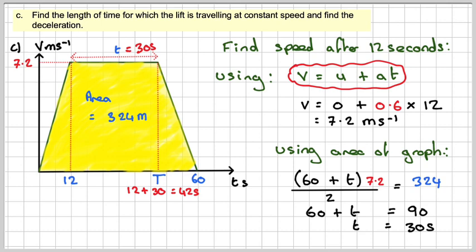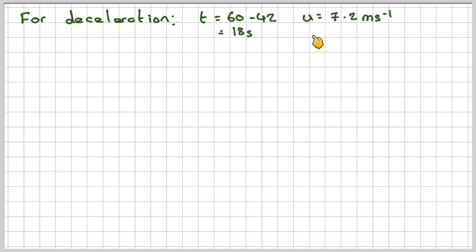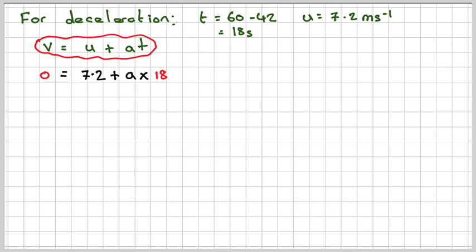Right, so to find the deceleration, I'm going to now find what this deceleration is here. For the deceleration, the time will be 60 minus 42, which is 18 seconds, and the initial velocity, because it's going to slow down from 7.2 meters per second. Therefore, using v = u + at, I'm now going to put 0 = 7.2 + a × 18, 0 because it's going to come to rest.